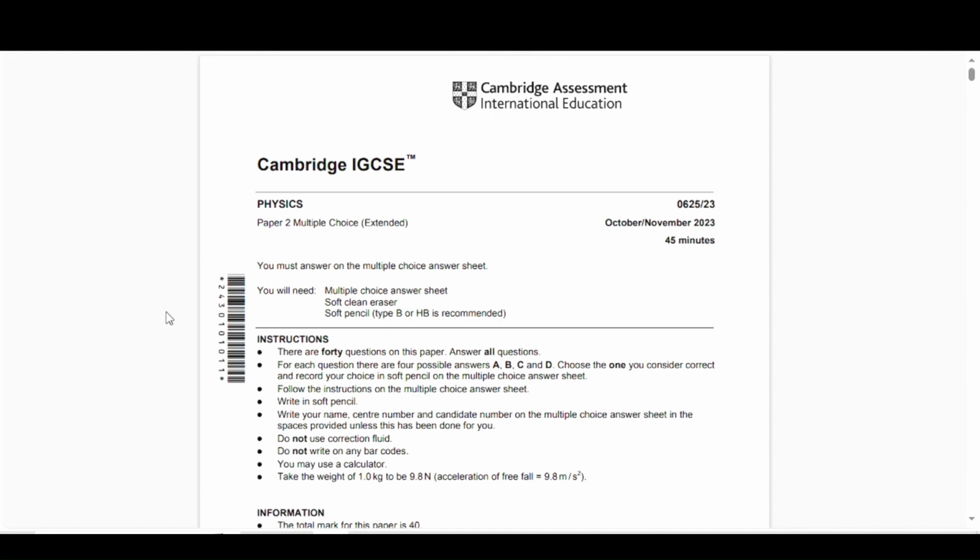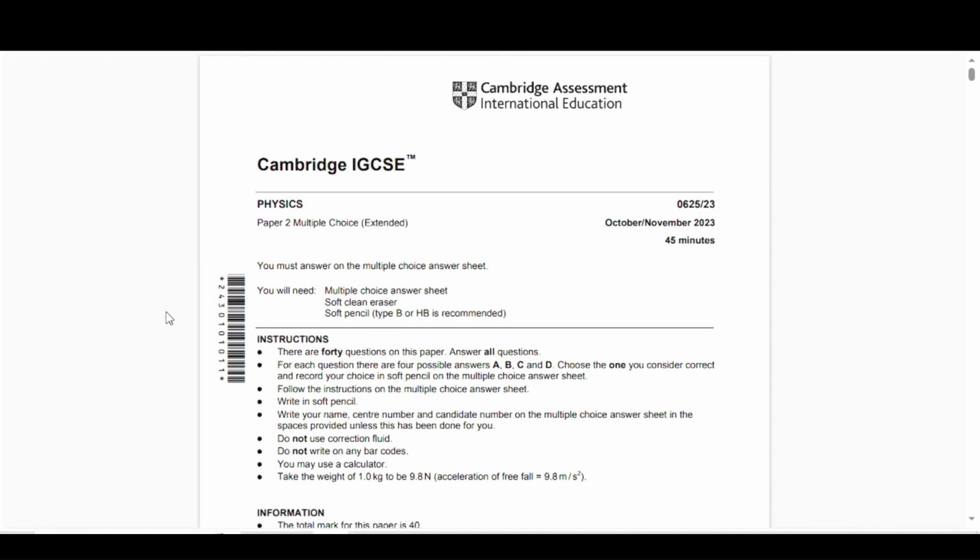I did say that the most commonly tested topic is the graphical side of things, where you have to use graphs to calculate or plot these different quantities. The second most common is the formula-based ones, at least for the multiple choice paper, which is paper 2. After that, the most common topic is the description within chapter 2, motion.